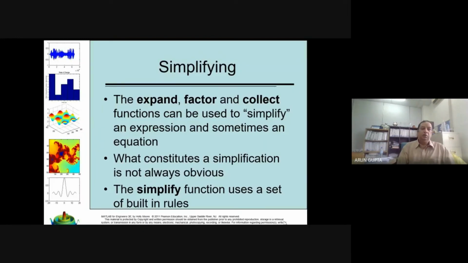Okay, so now is the simplifying one. Simplifying, as the word says, if we want to simplify the equation, then we can write the equation and then simplify. So we will see the application of the simplify function.